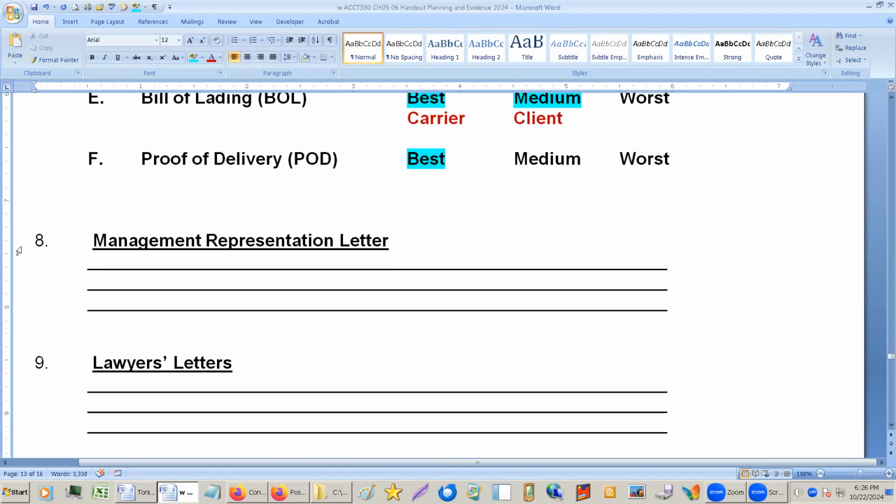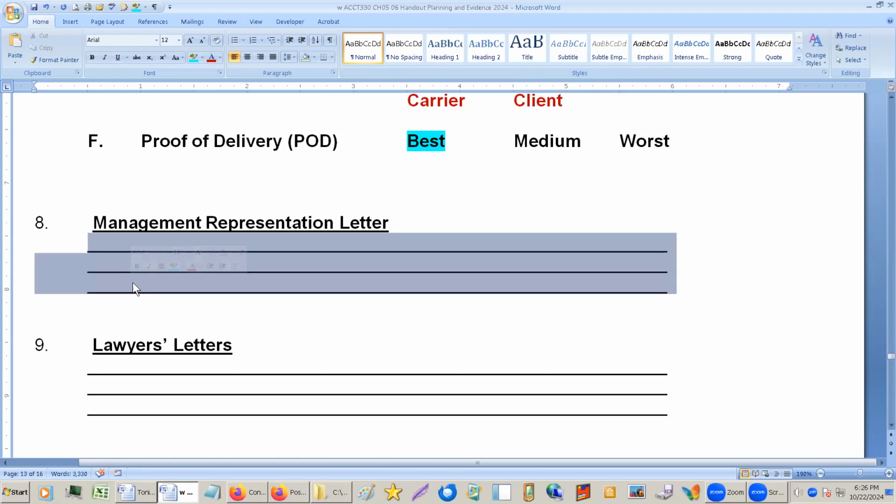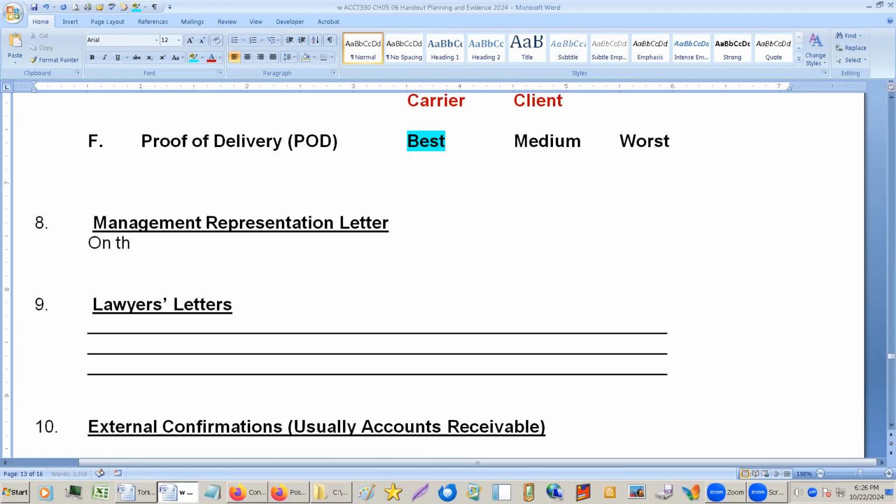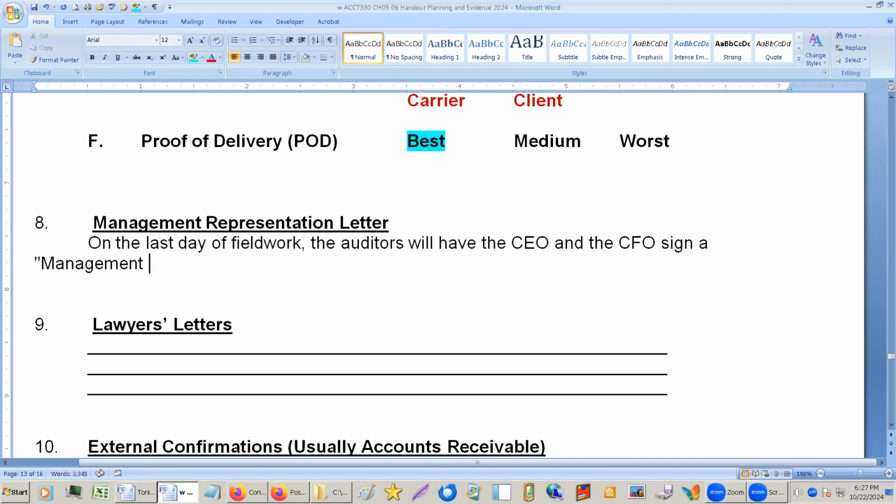Management representation letter. On the last day of field work, the auditors will have the CEO and the CFO sign a representation letter.